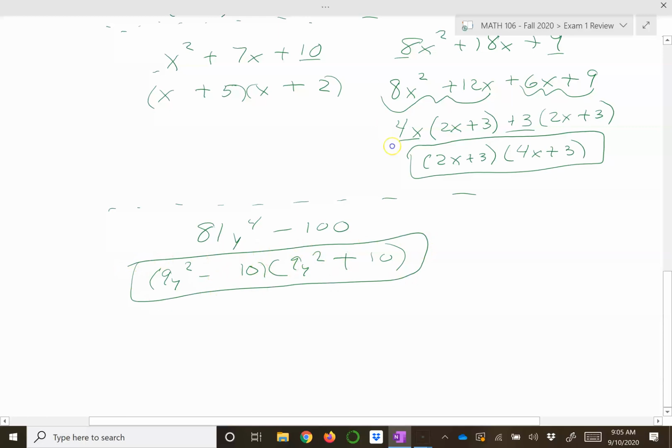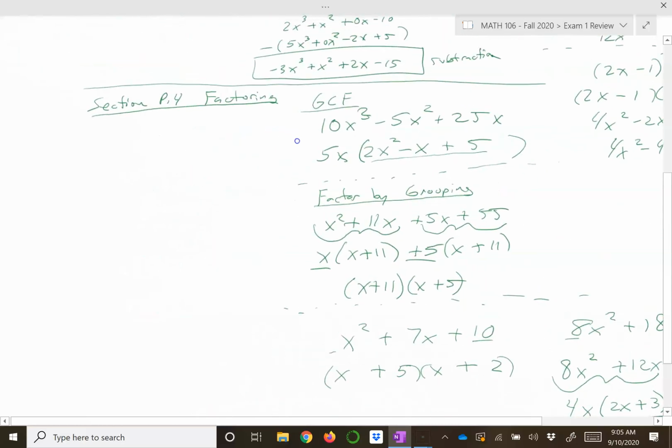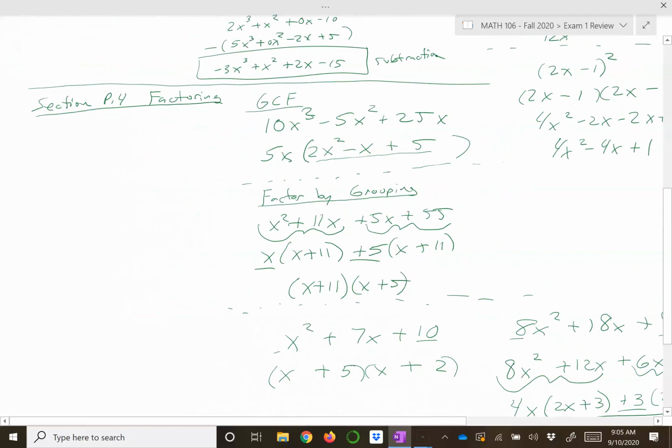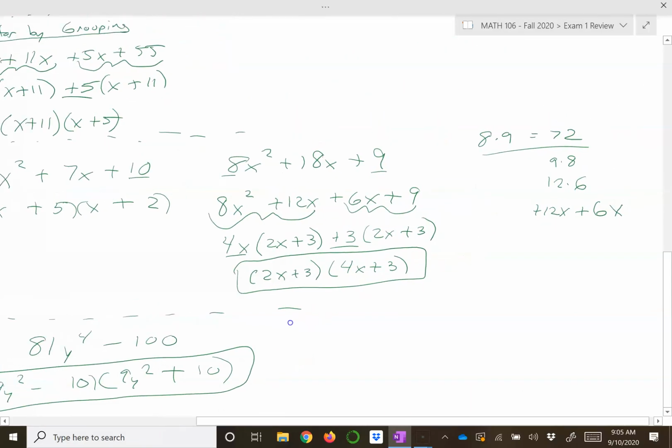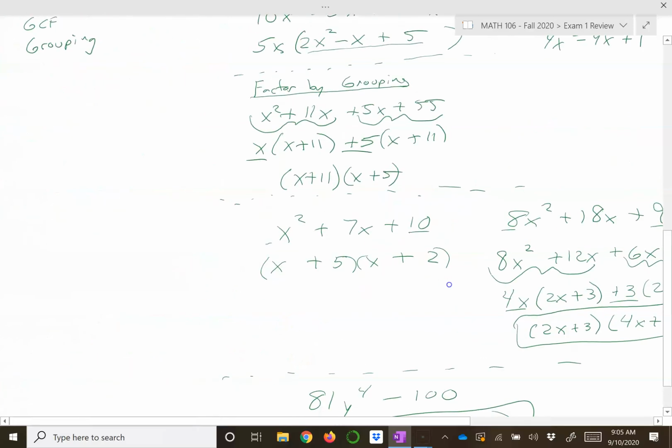Okay, so here's what I'm going to do for P4. I'm going to go back up here to write the types out. So we have GCF, and you'll understand that means GCF factoring, and then I'll put grouping. Then I'm calling this process of when you're given a trinomial and you go through this whole thing, I'm going to just call that trinomial.